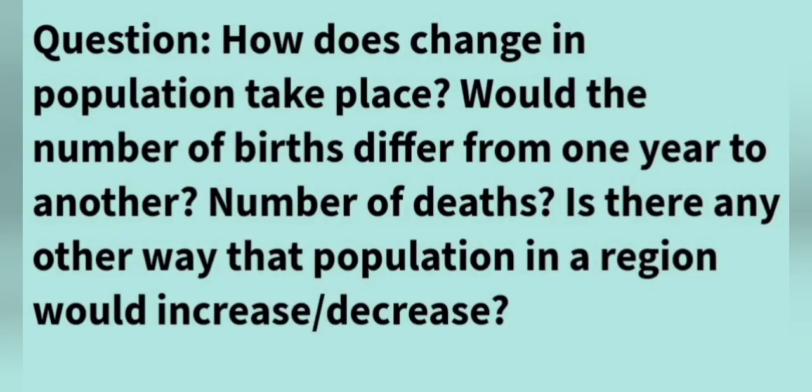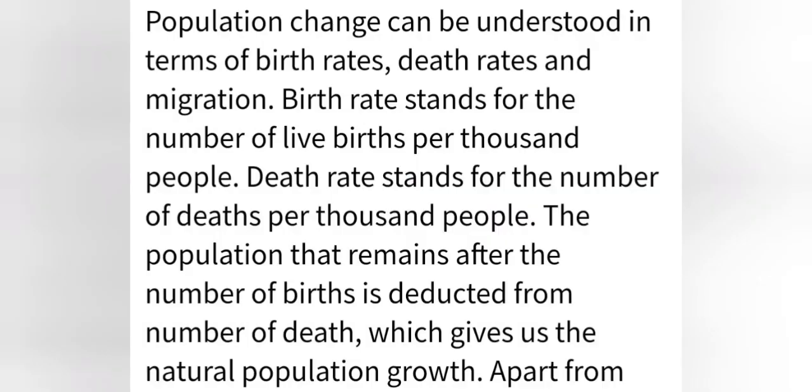So children, how does change in population take place? Would the number of births differ from one year to another? Number of deaths? Is there any other way that population in a region would increase or decrease? Population change can be understood in terms of birth rates, death rates and migration.